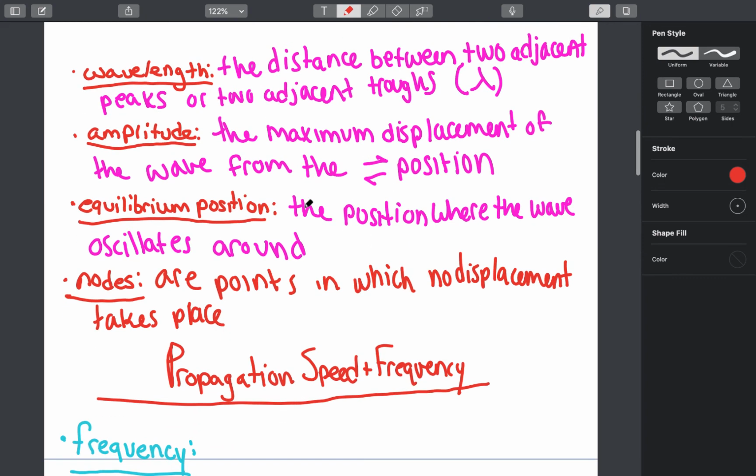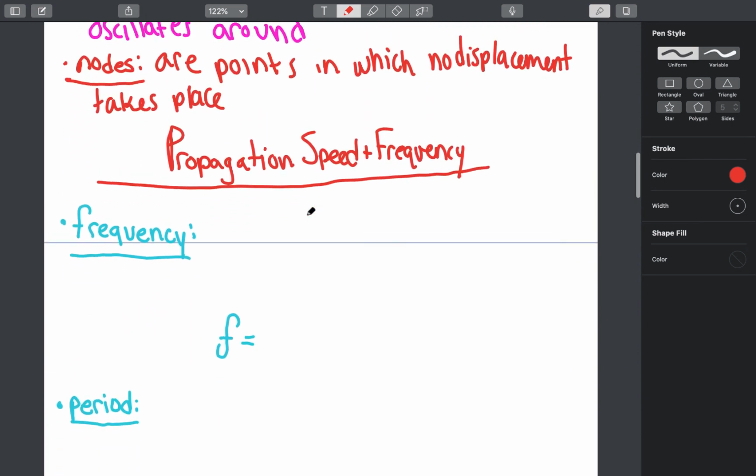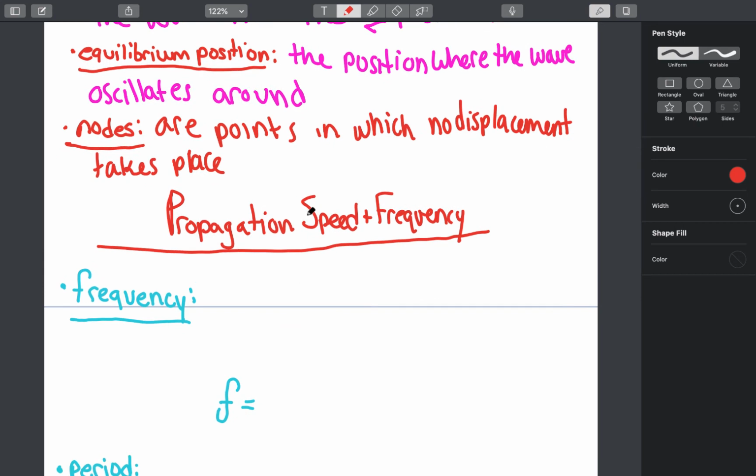So, now that we know the properties of a wave, we can actually start talking about its applications. So the first thing that you have to know is the frequency of something. So what is the frequency of something? The frequency of something is the number of wavelengths. Now they have to be complete wavelengths, so I'll put a little parentheses. Complete.